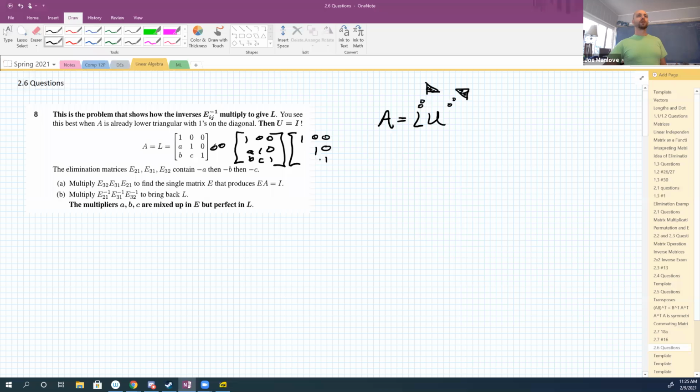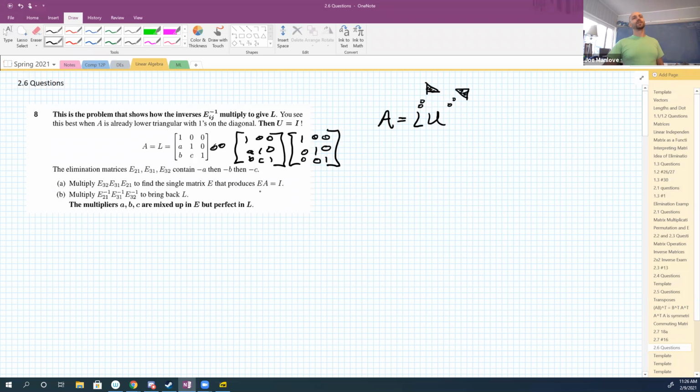And the identity matrix, you would note, is diagonal, right? But diagonal matrices are upper triangular. So they're basically saying, look, you're done here. If it's already lower triangular, then the upper triangular matrix in the decomposition is just the identity matrix.